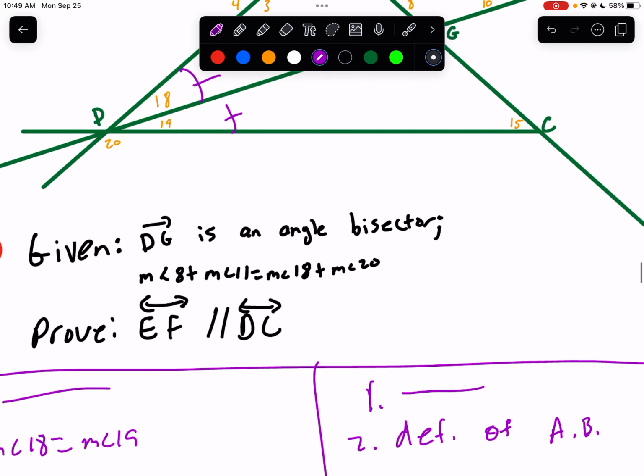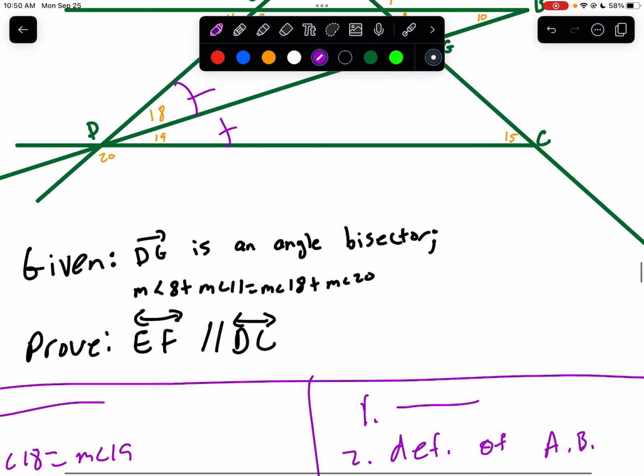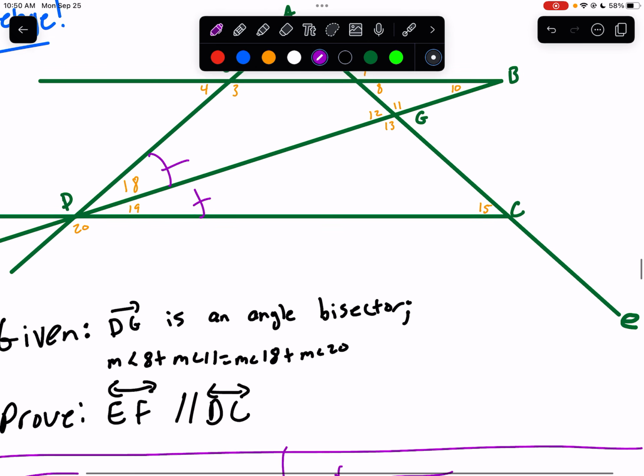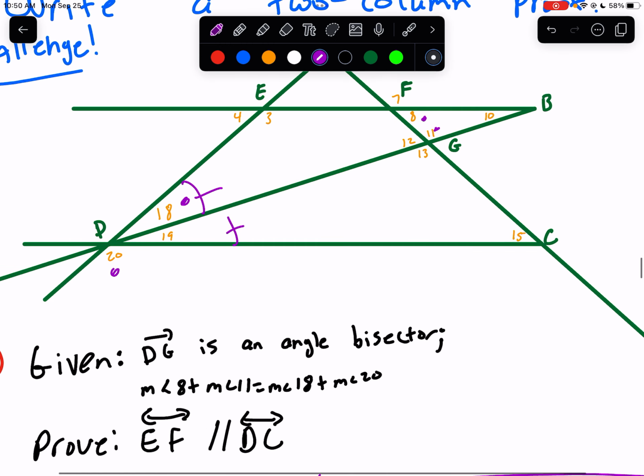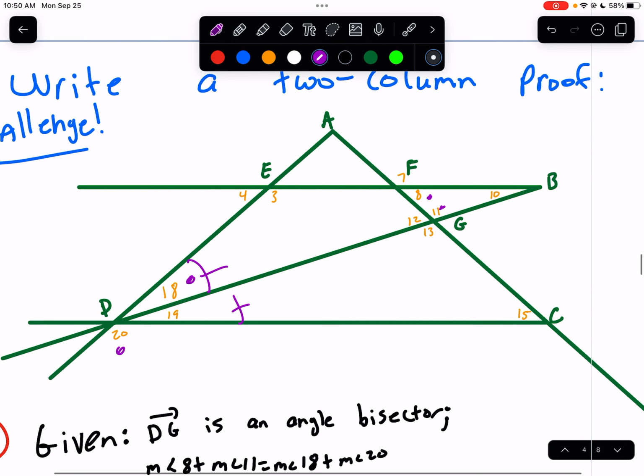Then they tell us that 8 plus 11 equals 18 plus 20. Now, let's just make sure we understand which angles they're talking about. 18 and 20, and then 8 and 11. So we know that 8 plus 11 equals 18 plus 20. We're trying to prove that EF is parallel to DC.